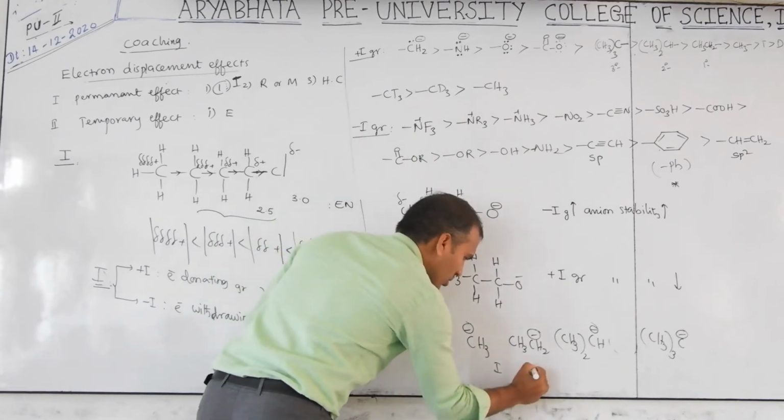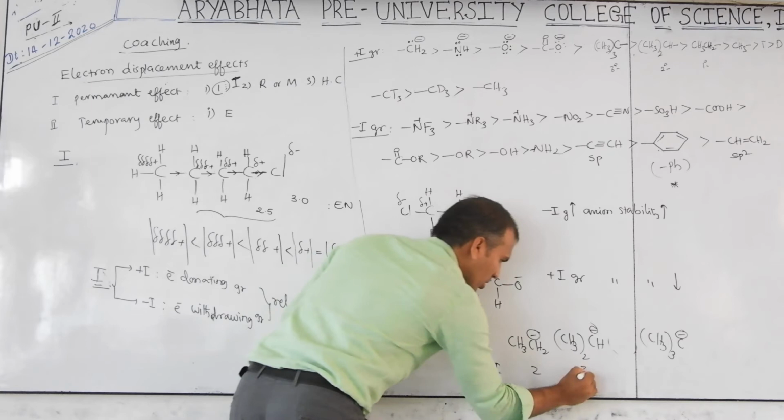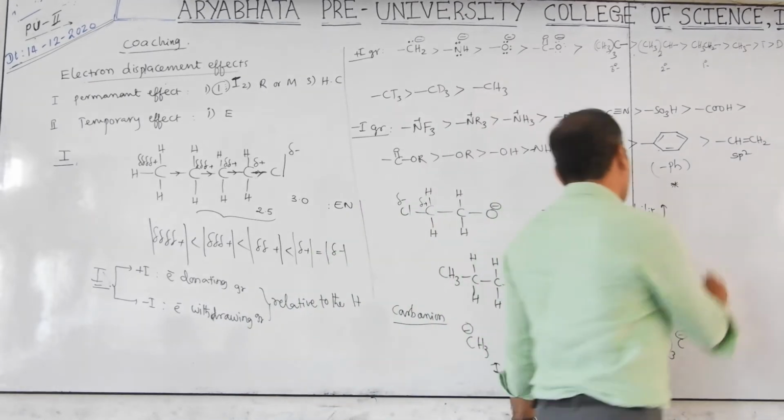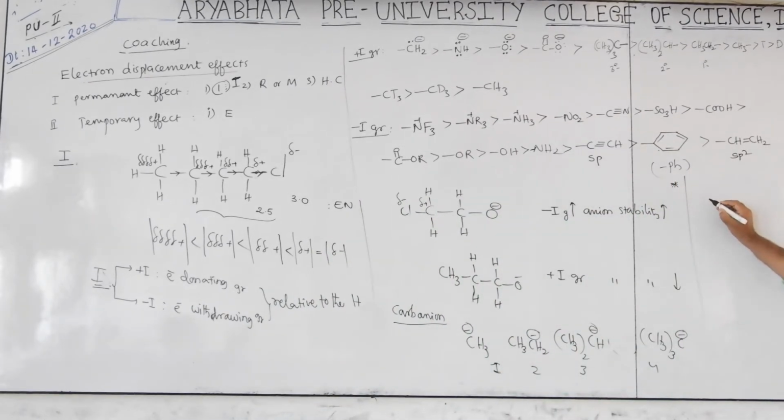Now, which is more stable? I want to give 1, 2, 3, 4, options are given here. Consider the stability order. First option is 1 greater than 2 greater than 3 greater than 4. B option is 4 greater than 3 greater than 2 greater than 1. Next, C option is 1 equals 2 equals 3 equals 4. D is 1 greater than 4, 4 greater than 2, 2 greater than 3.